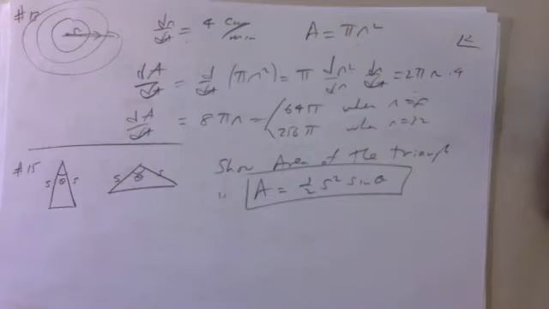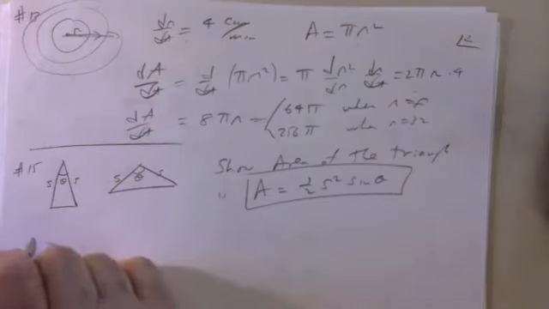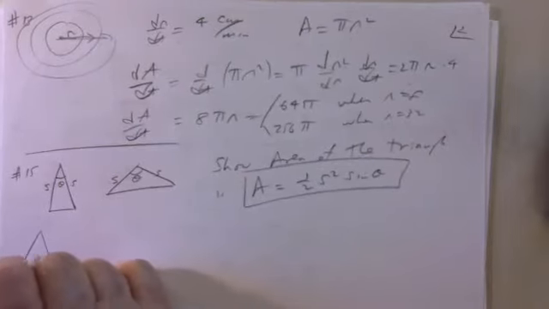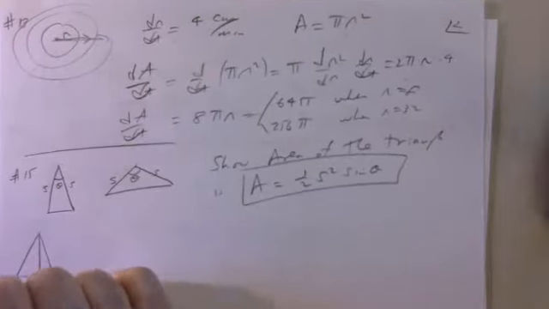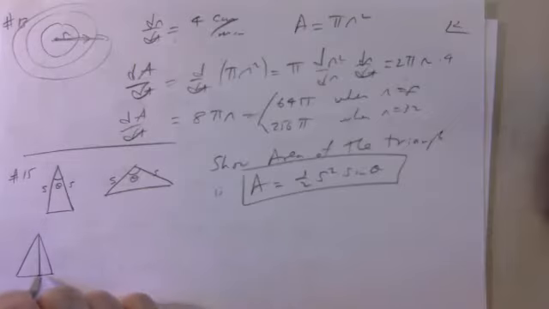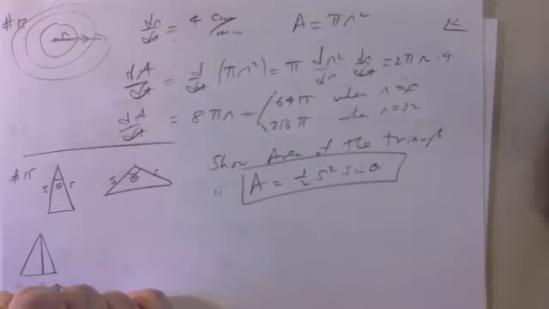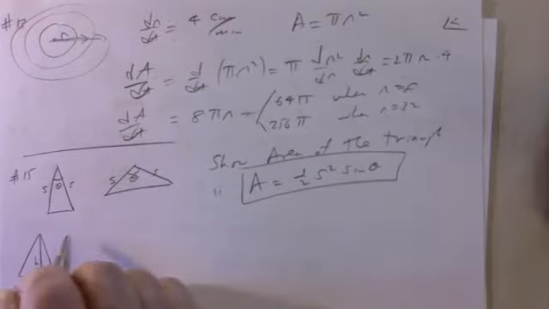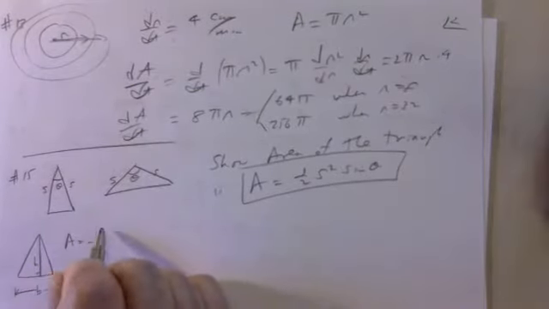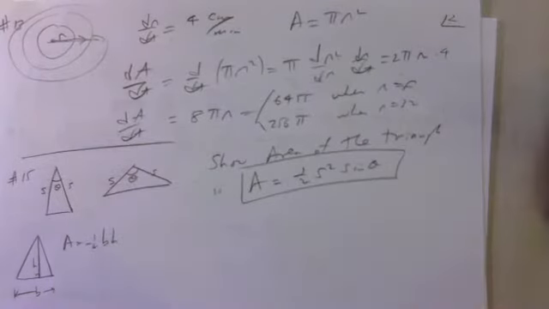So this is a geometry problem that we have to solve. You know that for any triangle, the formula that you know first is, if this is the base and this is the height, the area is a half the base times the height.